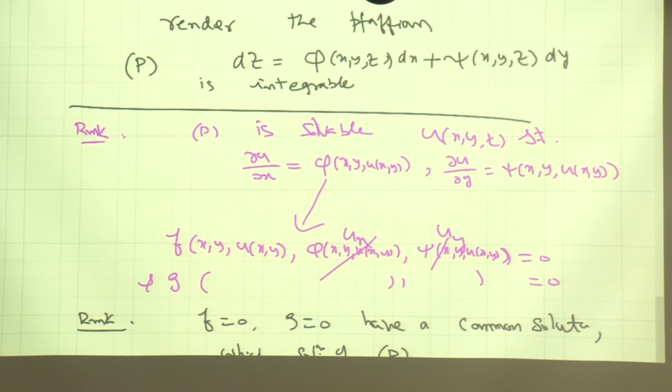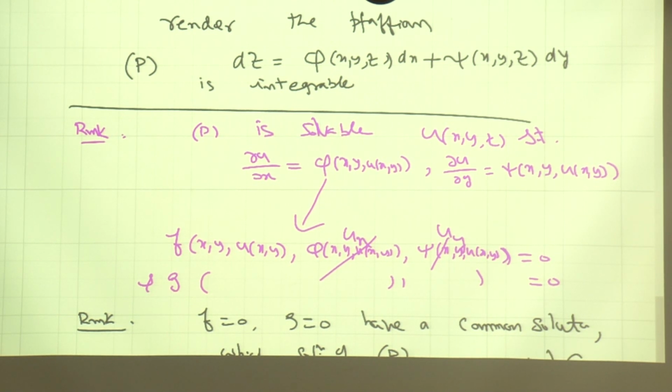Right? Now the question is, how many solutions does this Pfaffian equation have? Because I am assuming it is integrable, right? Once it is integrable, how many solutions are there? One parameter family. Right? Pfaffian equations, if they have solutions, it is a one parameter family of solutions.